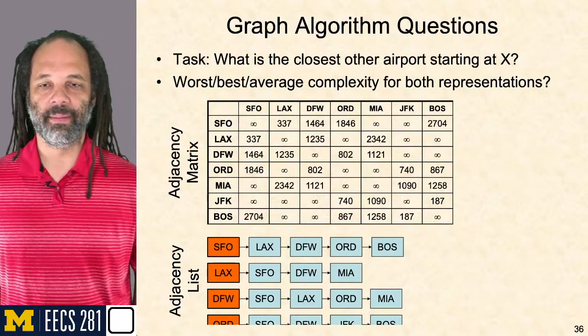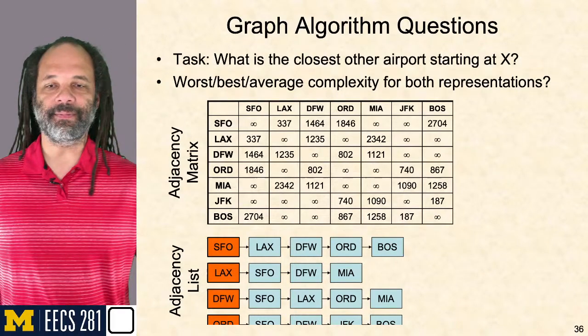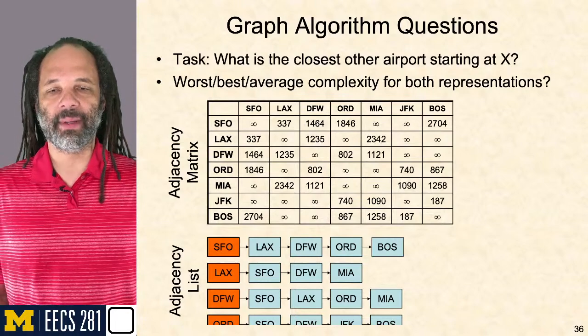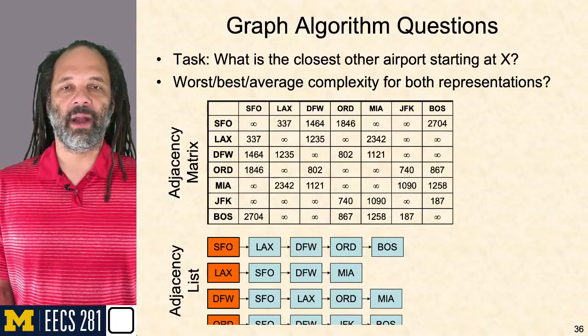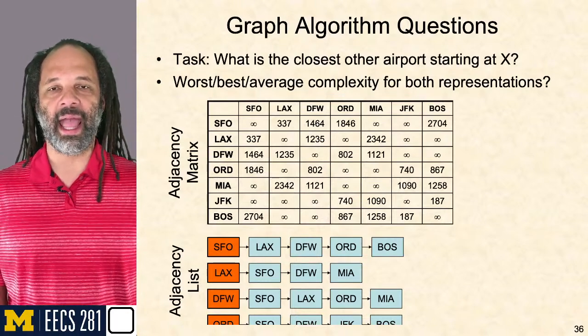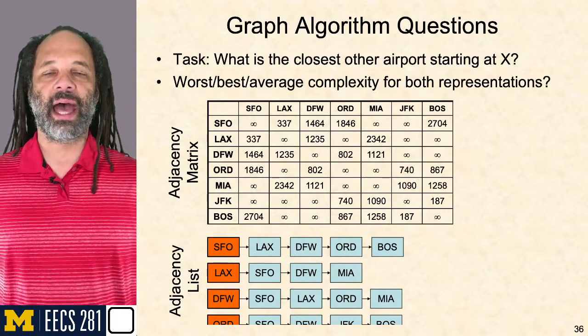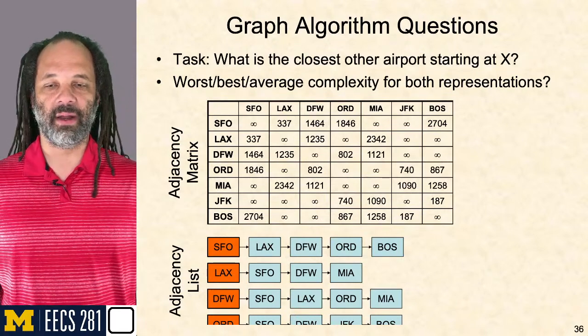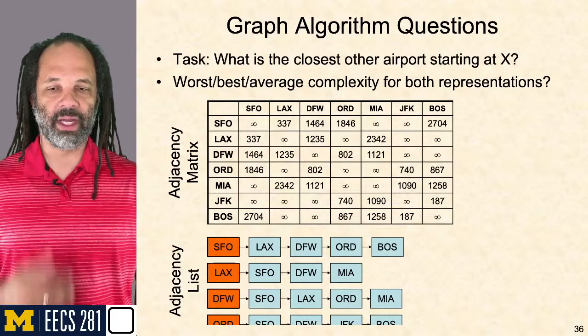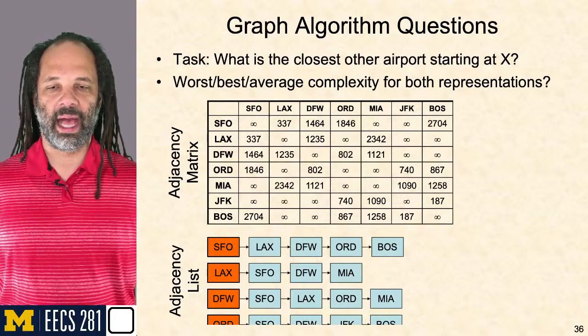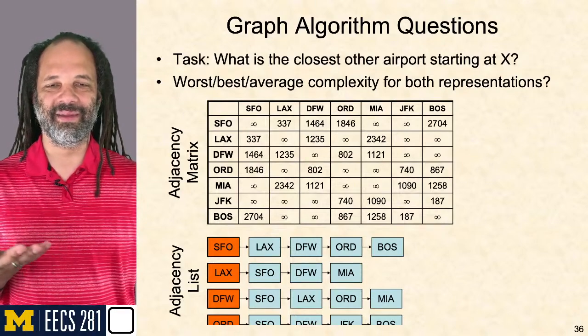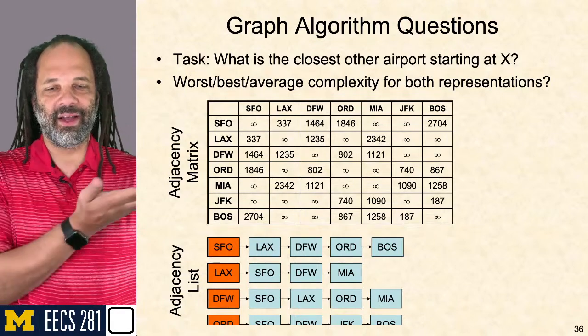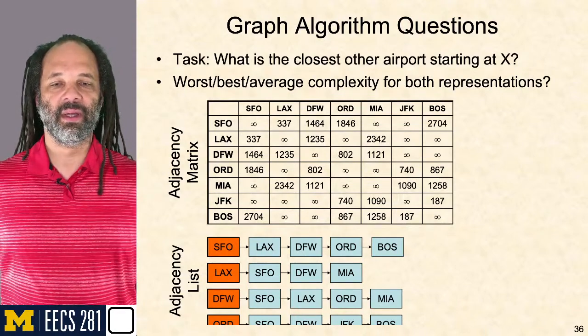All right, let's do another one. New task, same setup. What is the closest other airport starting at X? So given any particular location, how do I find the closest airport starting there? Let's start with the adjacency matrix. How do I find it? Well, in the broad scope, I've got to look at all the things in that row.